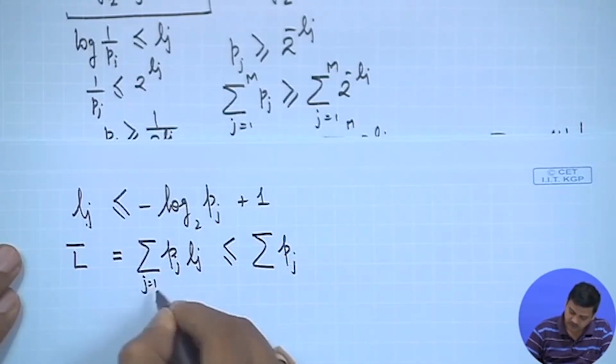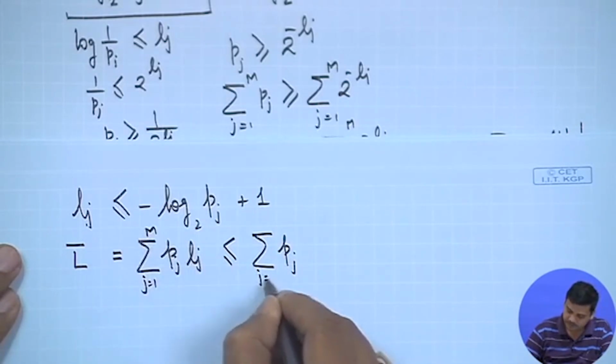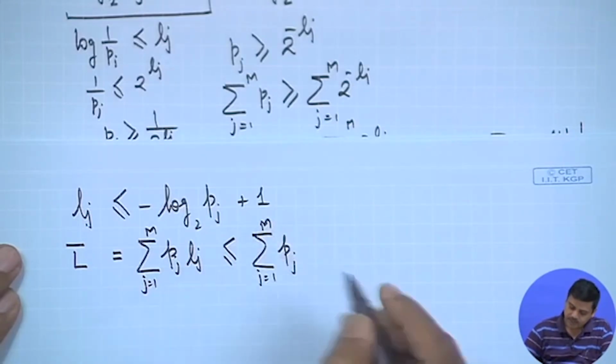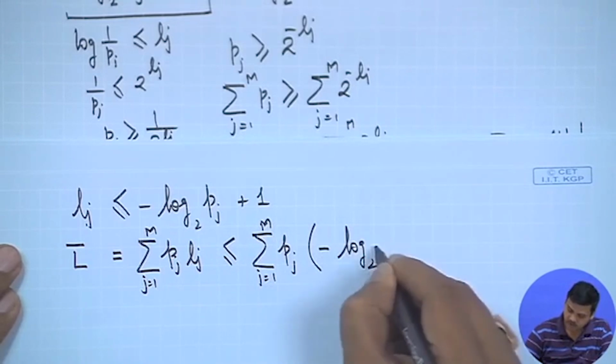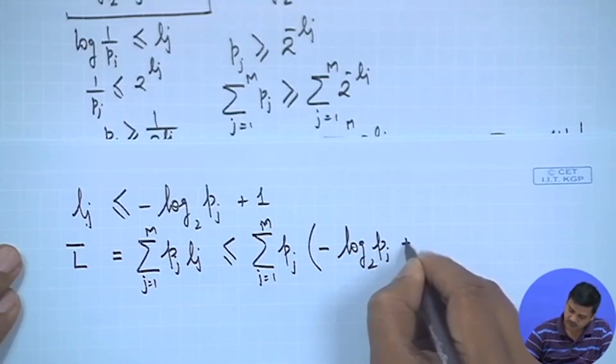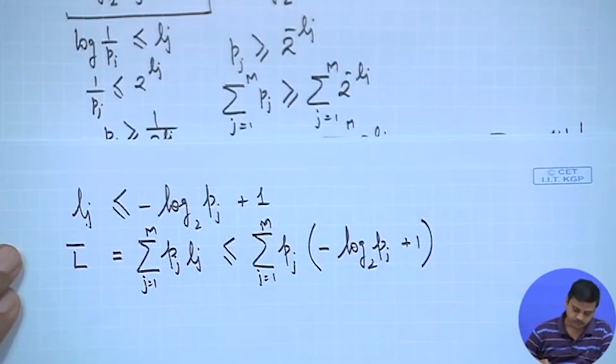Of course, this is the sum over j equals 1 to m. I am not writing it because it is repetitive, minus log base 2 of Pj plus 1.